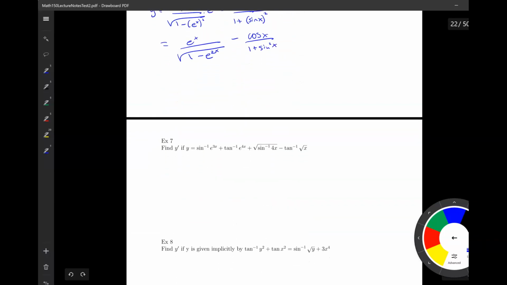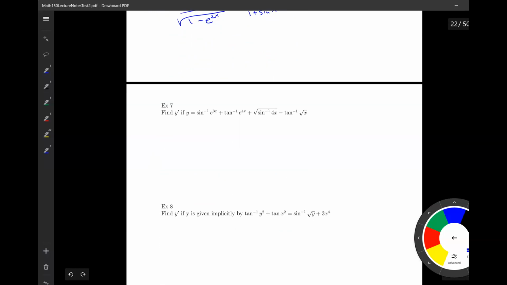All right, so these can come up in implicit. Well, this one's implicit, but this one's just more fun. Okay, so let's go find the derivative. So I'd get 1 over the square root of 1 minus the angle squared times the derivative of the angle, plus arctangent, 1 over 1 plus the angle squared times the derivative of the angle.